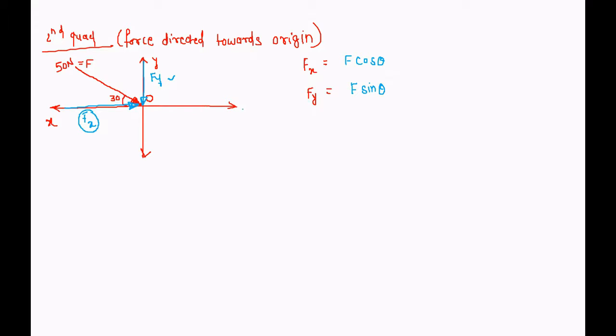Okay. So if you observe the direction of this Fx component, it is directed towards the positive x direction. If I extend the line of action for the x component, it is directed towards the positive x direction. So we have to consider Fx as positive in the calculation. Similarly, for your Fy value, if I extend the line of action, Fy will be directed towards the negative y direction.